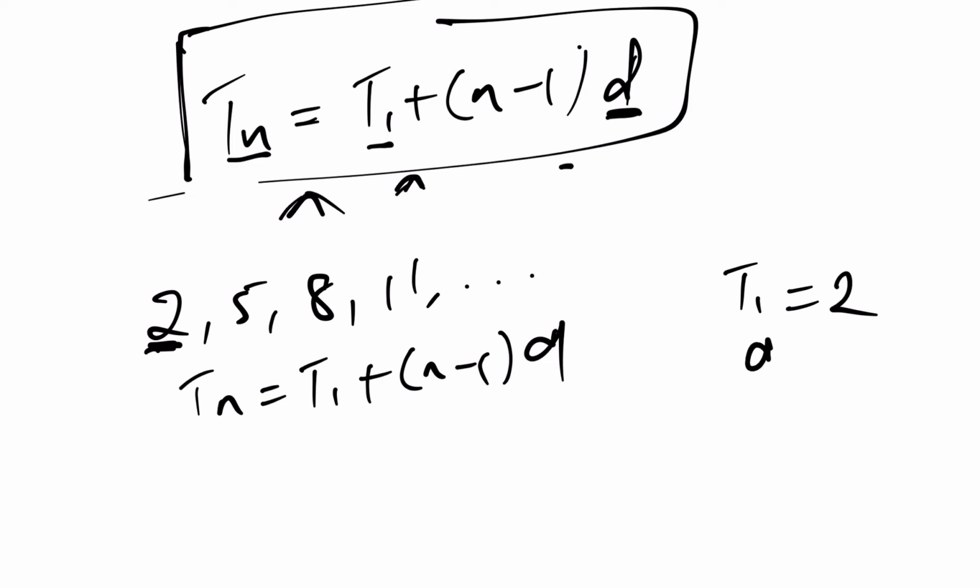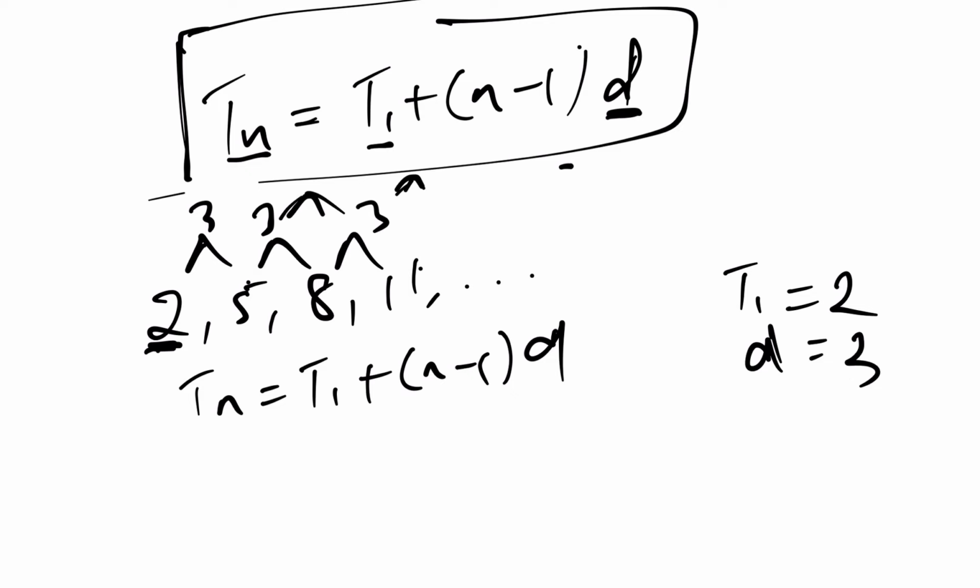And d denotes the common difference. The common difference here is 3, because 5 minus 2 is 3, 8 minus 5 is 3, 11 minus 8 is 3. So the difference is common here, and the difference is positive 3.